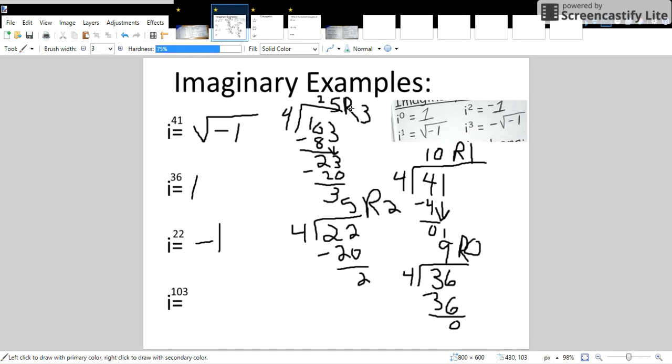The main thing that we're looking for is what your remainder is. So we have a remainder of 3. So we look at our chart. So our answer will be negative square root of -1. So if you're still in disbelief, you could break these down into i times i times i, and so on.